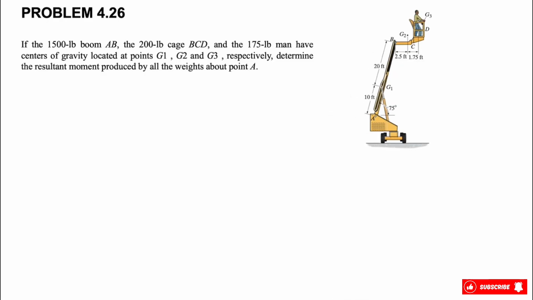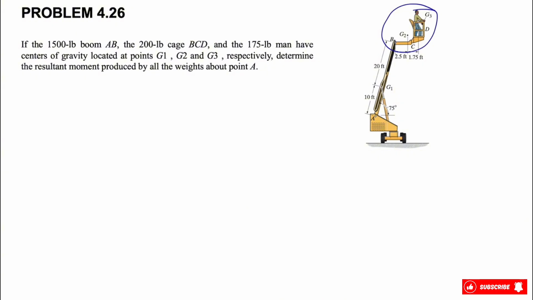Alright guys, welcome back. We're going to be solving another question from chapter 4 of Hibbeler textbook, and in this question we have this 1500 pounds boom AB and 200 pound cage BCD over here, and we have a man that has a weight of 175 pounds, and we have three different center of gravity for each of these three.